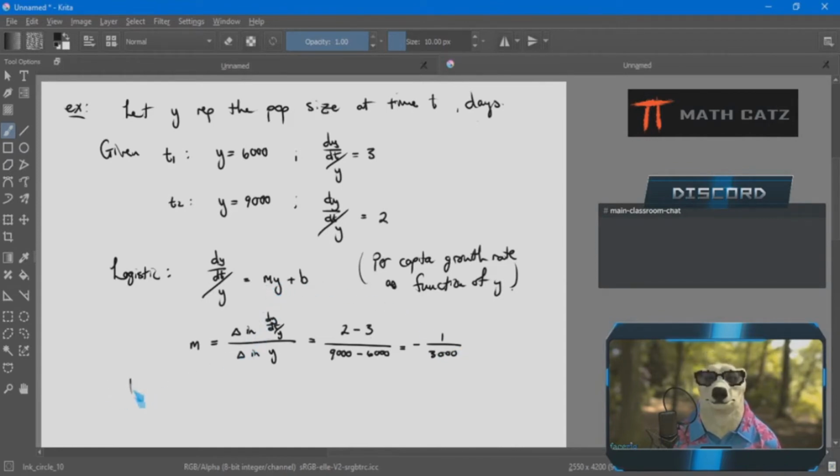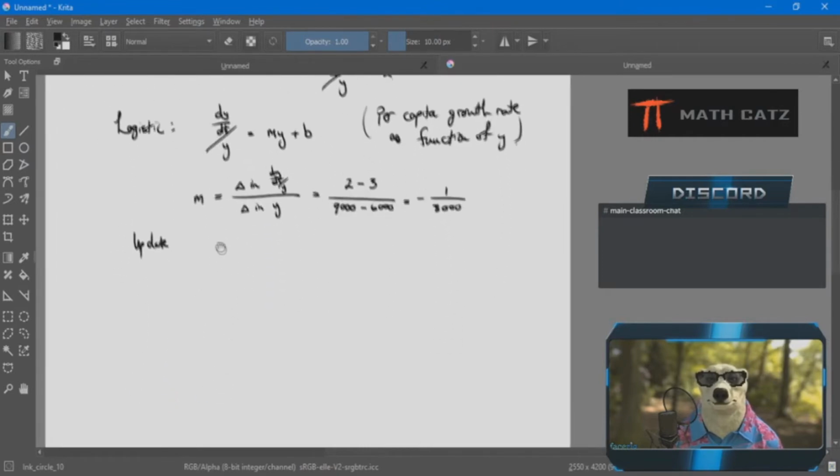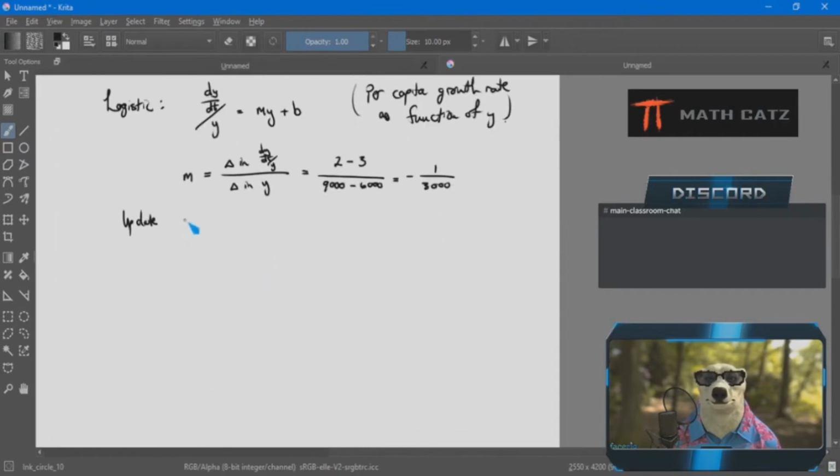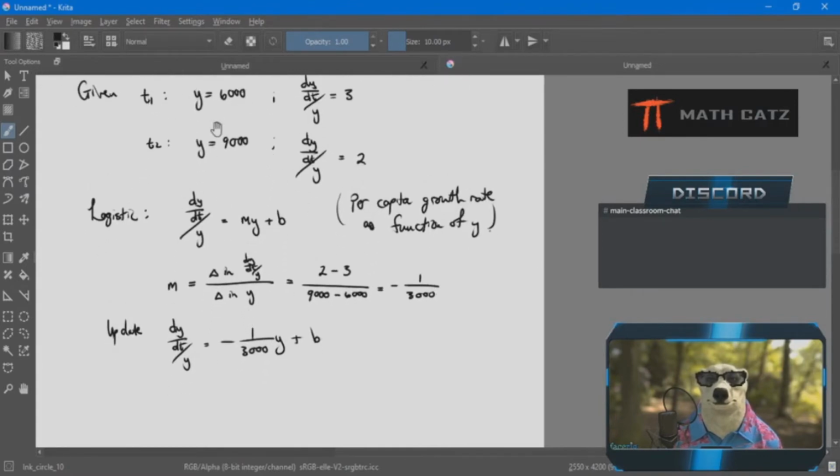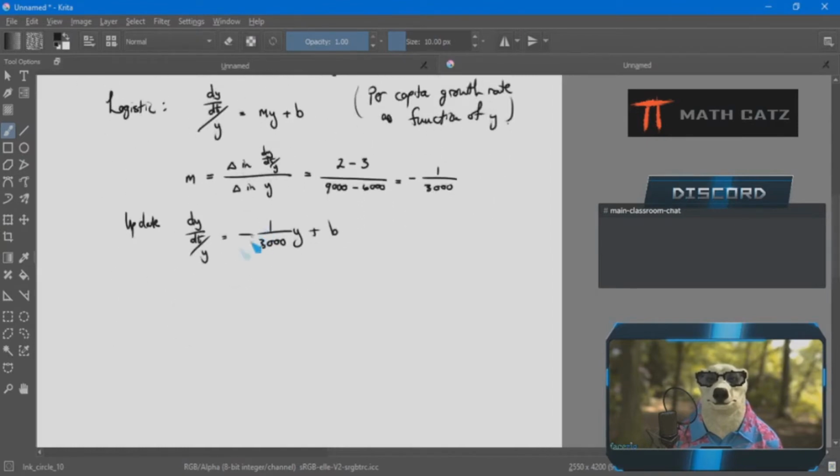So let's maybe update. Running out of space. That's okay. Update the equation, putting in the value of m, still having to find the value of b, but I have any point that is convenient. Let's say the first one, 6,000 for y, 3 for the per capita growth rate.